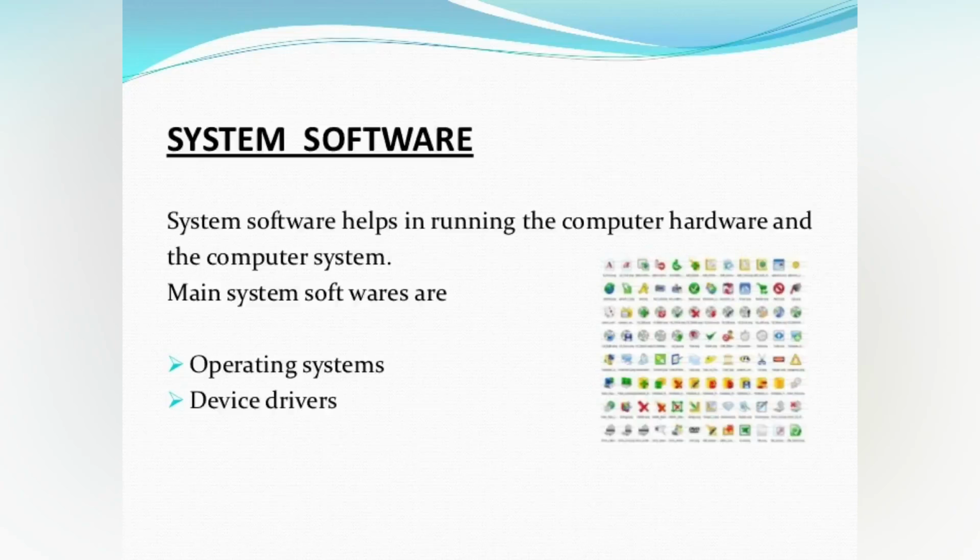Some common system software examples are operating system. It is the most prominent example of system software, as it is a collection of software that handles resources and provides general services for the other applications that run over them. Whereas the device driver is a type of software that controls particular hardware which is attached to the system.